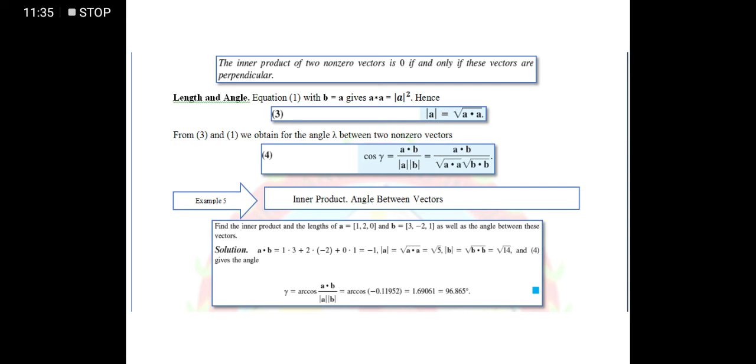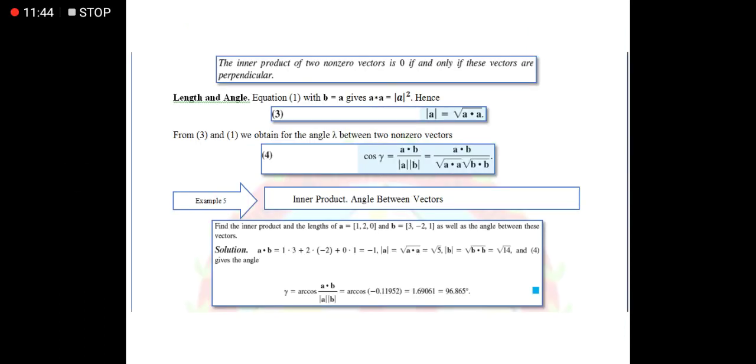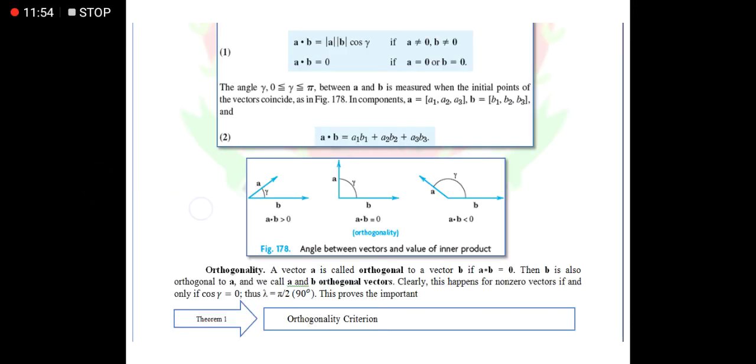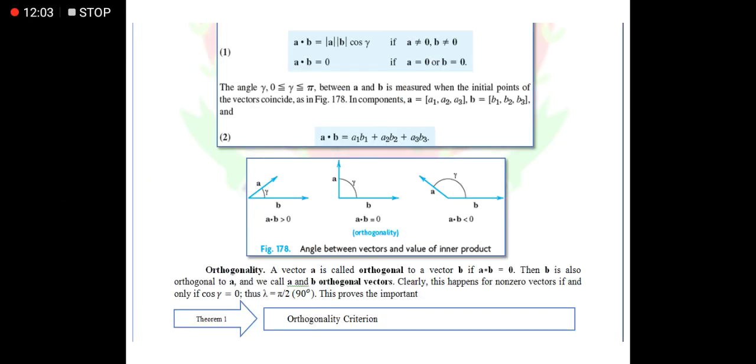As you can see here, we did not use the equation with absolute value of A multiplied by absolute value of B cosine of lambda, because the angle between A and B is not given here. It would be difficult if we still had to get the angle between the two, so there are many more steps. So we have a formula here if you have to get the dot product of the two vectors, no?